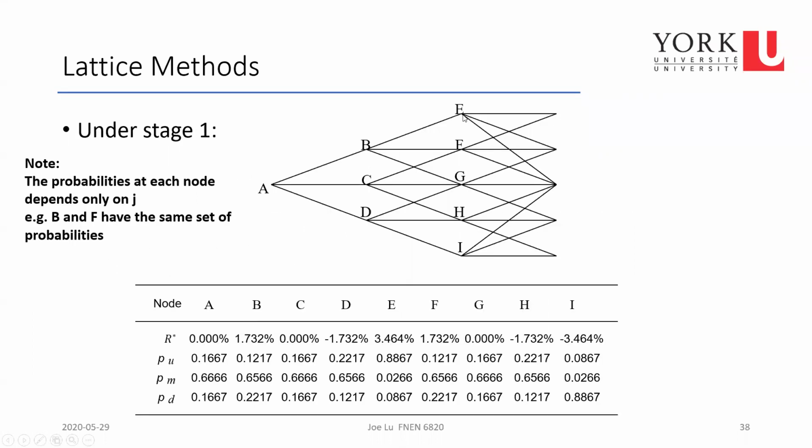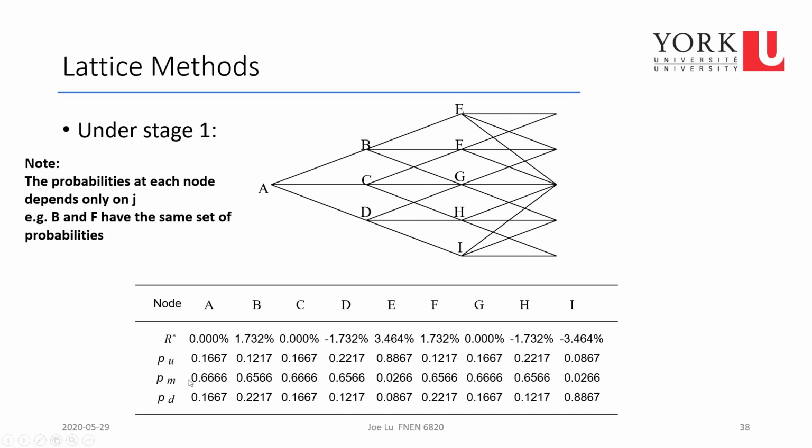Okay, so here, if we go to E, the probability of this will be by type C, and here will be type B. And A, B, C, D, E, G, H are all type A kind of branching formulas.